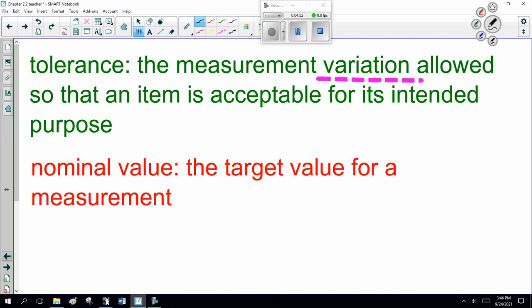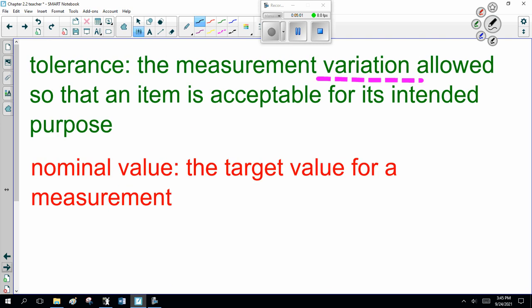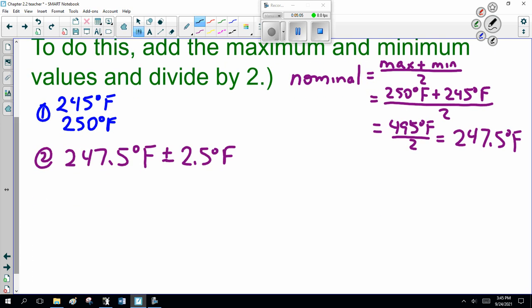Now the third way is minimum value plus the tolerance. So if we go minimum, third way, that's 245 degrees Fahrenheit, minus 0, plus 5 degrees Fahrenheit.